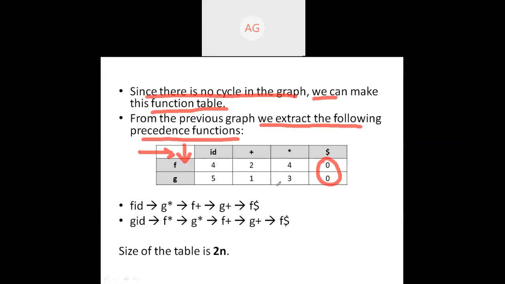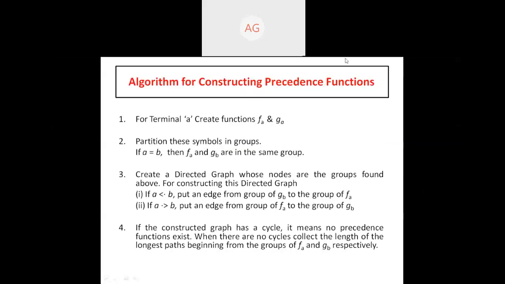Just remember the third step of the algorithm. The third step is: when there are no cycles, collect the length of the longest path beginning from the groups of f and g respectively.